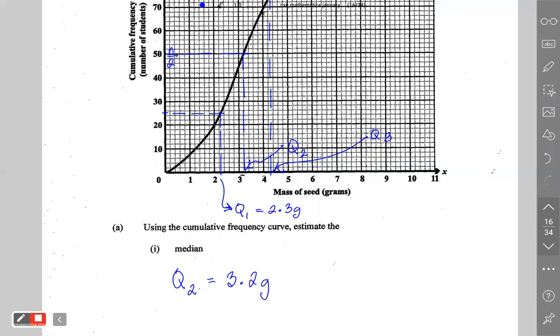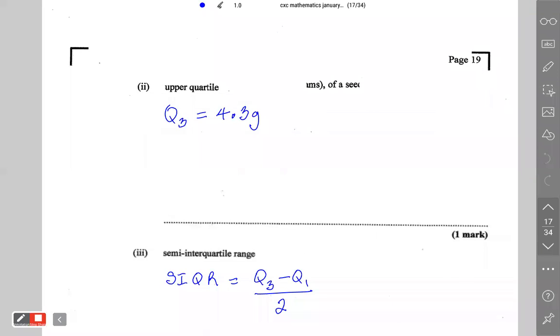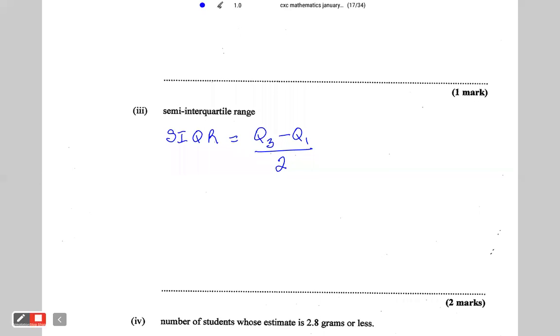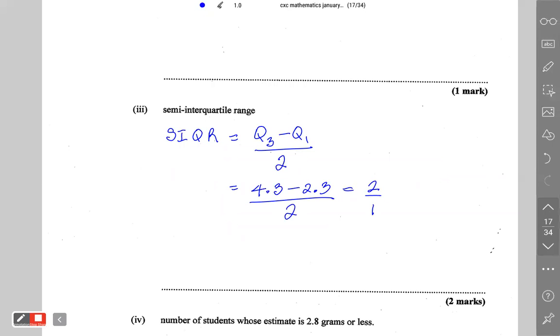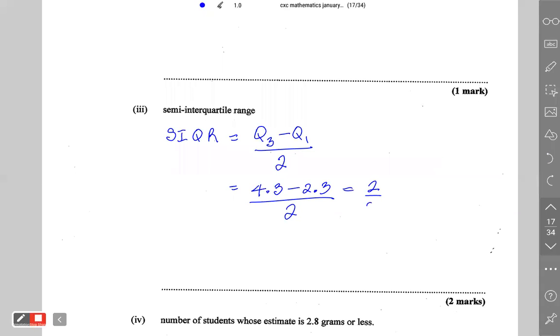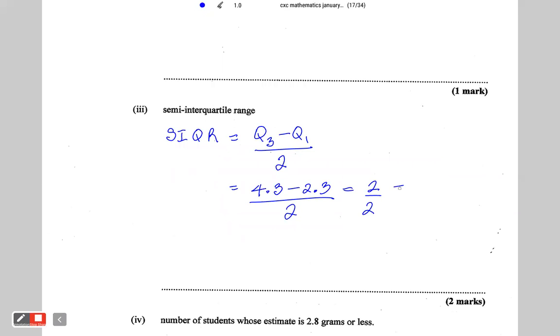So let's go back to it. Q3, which is 4.3, minus Q1, which is 2.3, divided by 2. So this is 2 over 2, so SIQR would be equal to 1 gram. The semi-interquartile range would be equal to 1 gram.